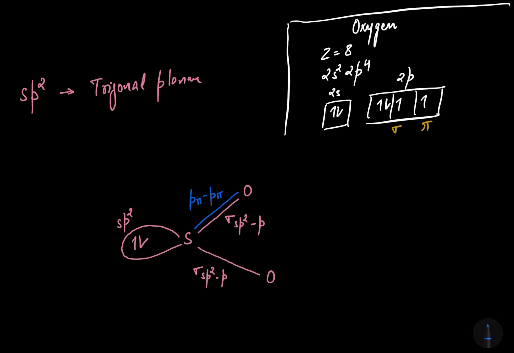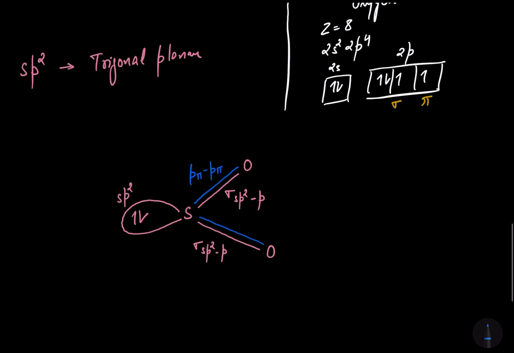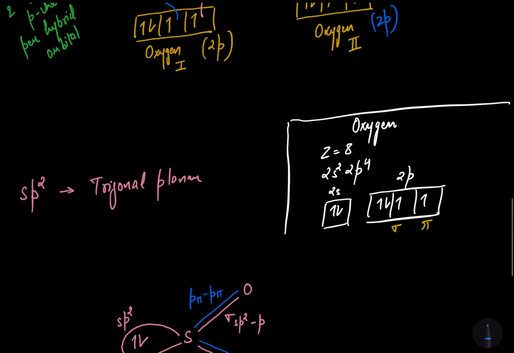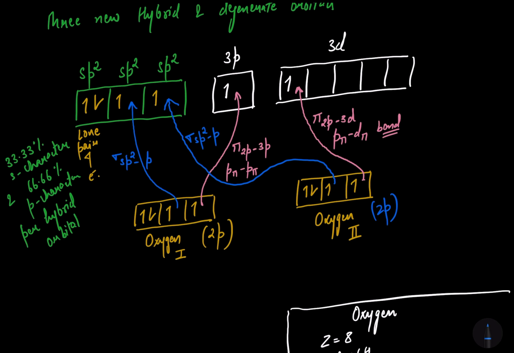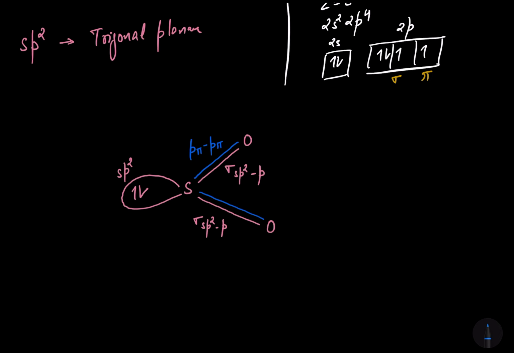And sulfur is also forming one more pi bond with the second oxygen, which has been formed by the lateral overlap of 3d orbital of sulfur with the p orbital of the second oxygen. So this is another pi bond formed by the lateral overlap of 3d orbital of sulfur with the 2p orbital of oxygen. So this will be named as p pi d pi bond.